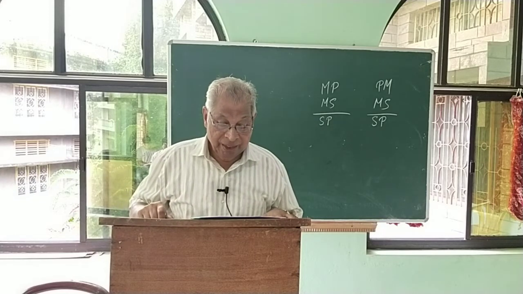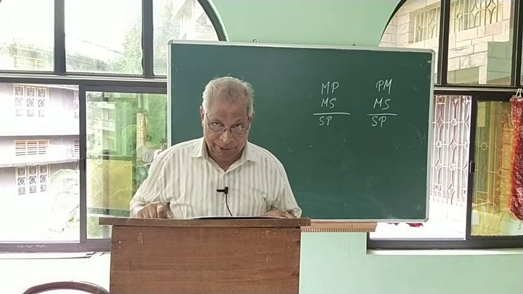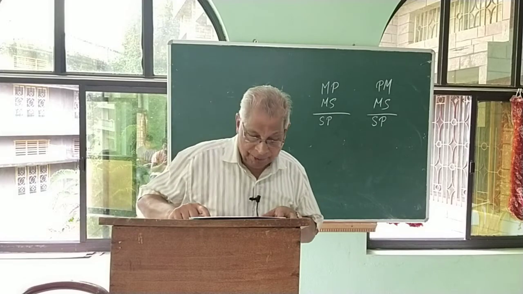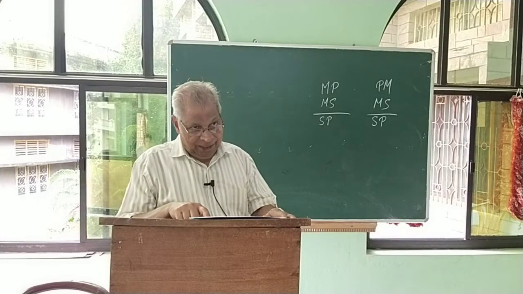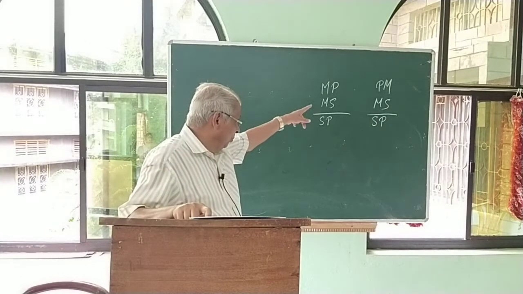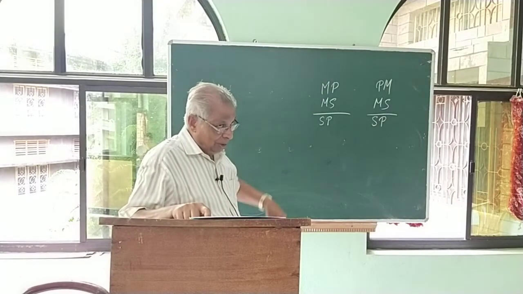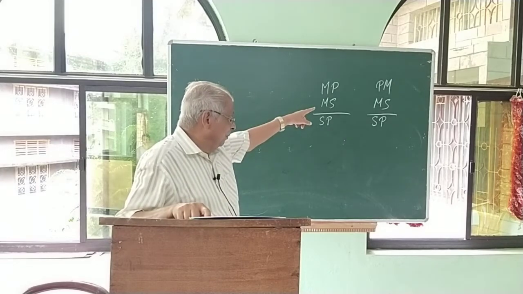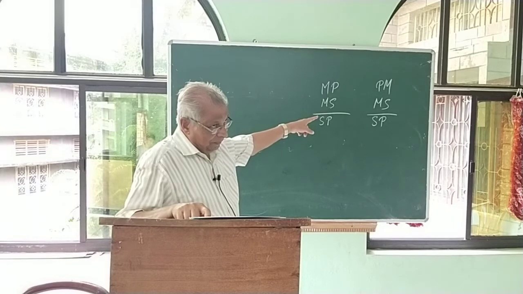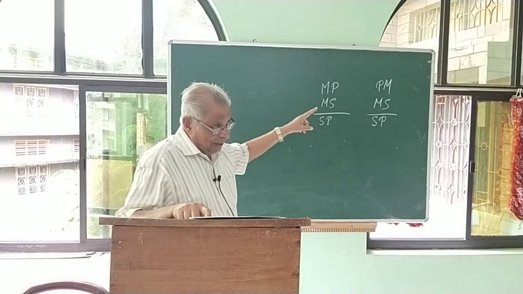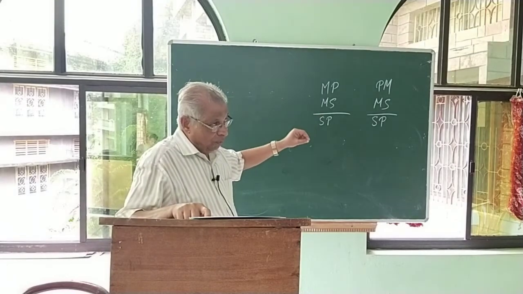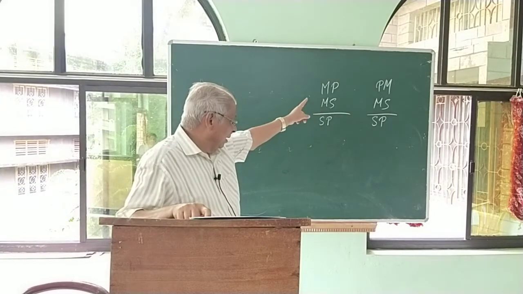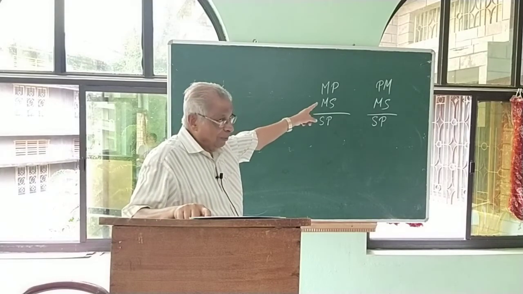Second one, if the major premise is affirmative, the minor premise must be universal. If the major premise is affirmative, PM, what happens? The M in that will be particular, because the predicate of affirmative propositions are always particular.